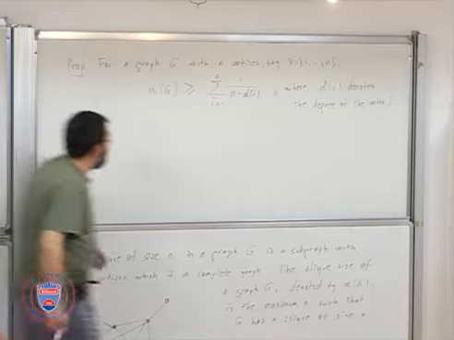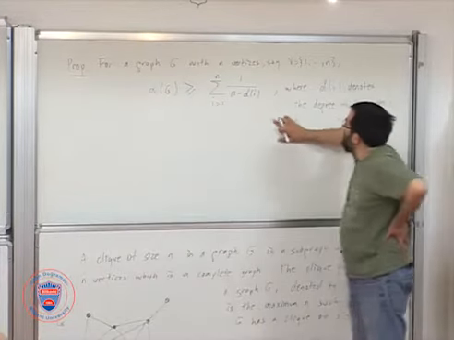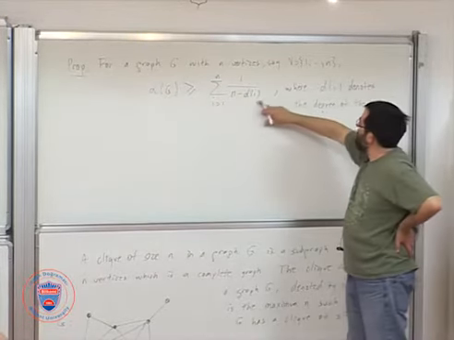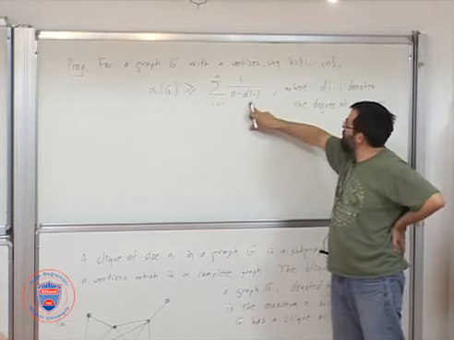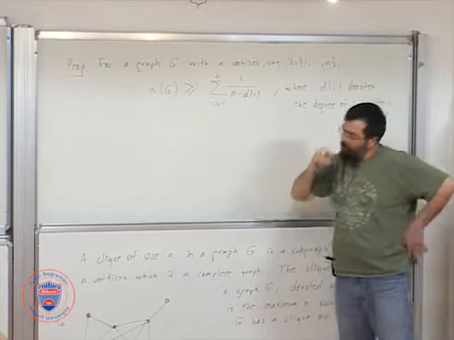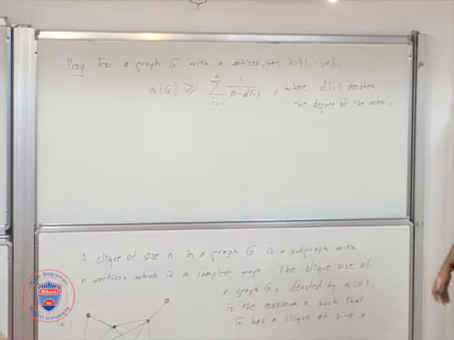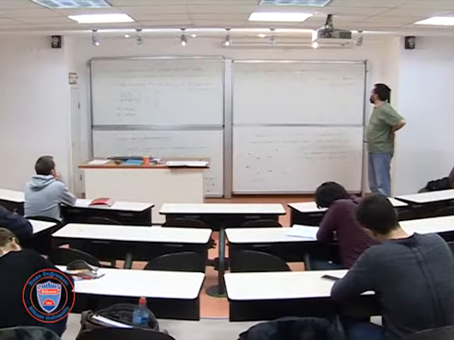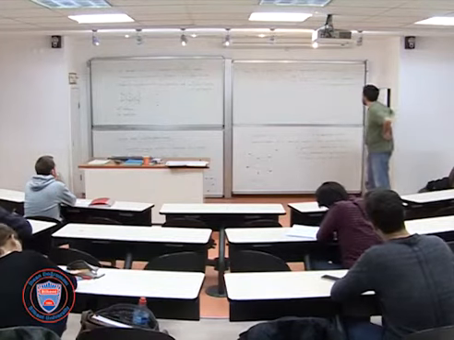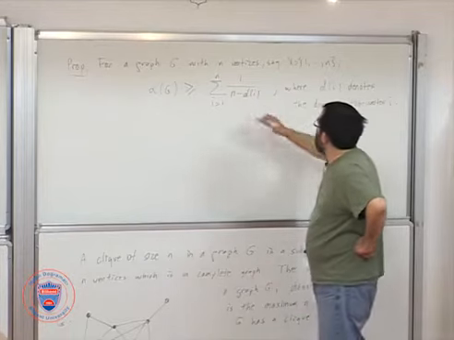Okay, this is the formula. So when the degrees are close to n, these terms are small, and then this sum is bigger. So when degrees are bigger, you have a bigger clique size. So there's a bigger chance that you have a clique of bigger size. So you have a formula like this.